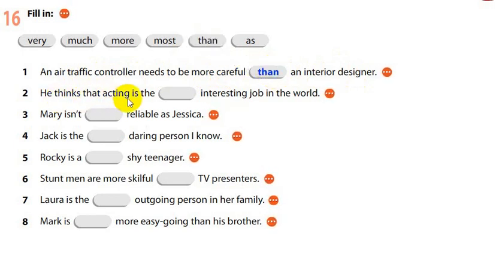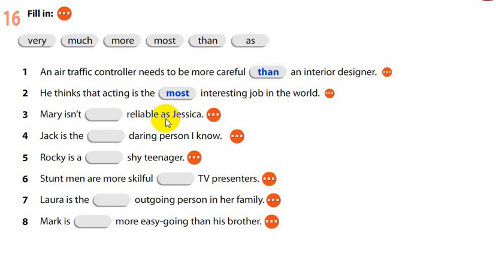He thinks that acting is the most interesting job in the world. Acting, only one job in the sentence, so it's the superlative form, the most interesting job. We must put the word most. Mary isn't as reliable as Jessica.